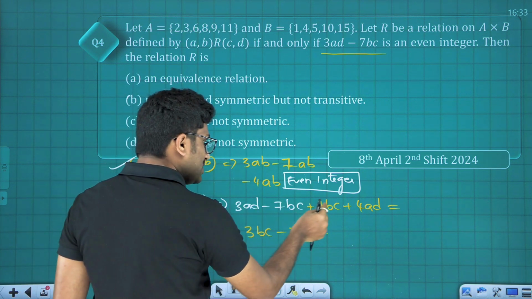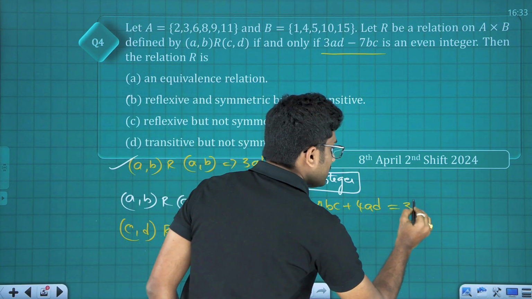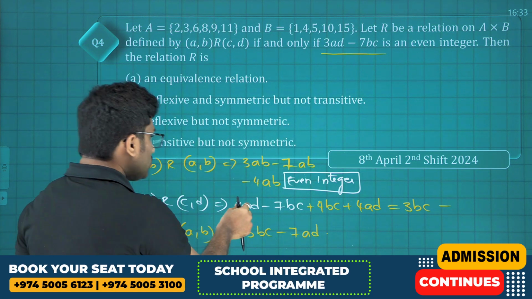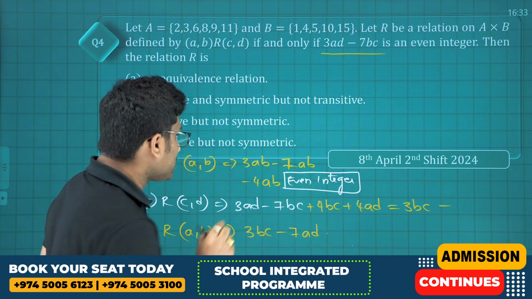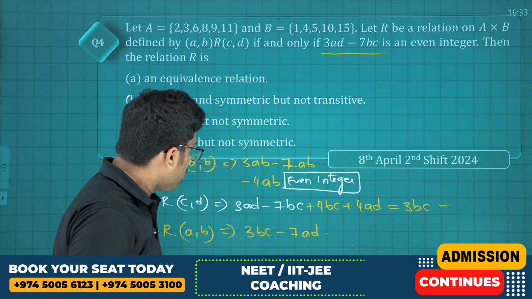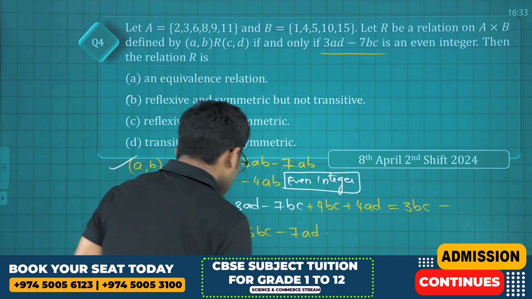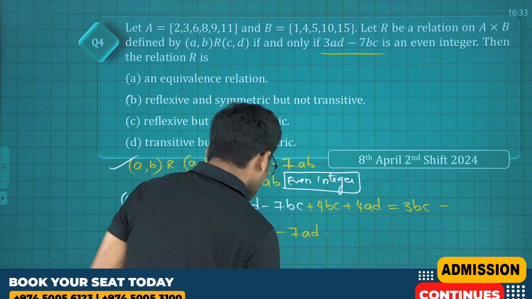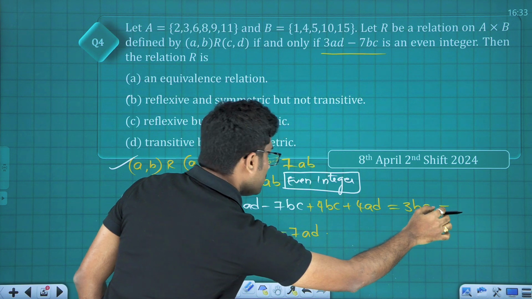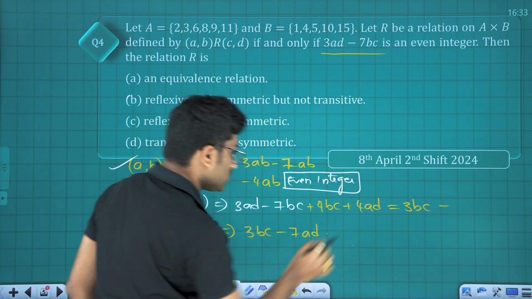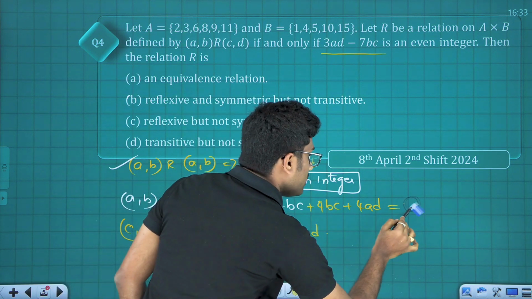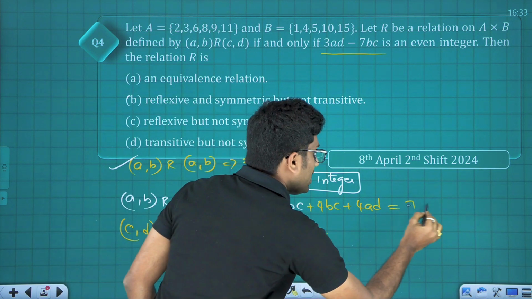So minus 7BC plus 4BC is minus 3BC, and 3AD plus 4AD is 7AD.